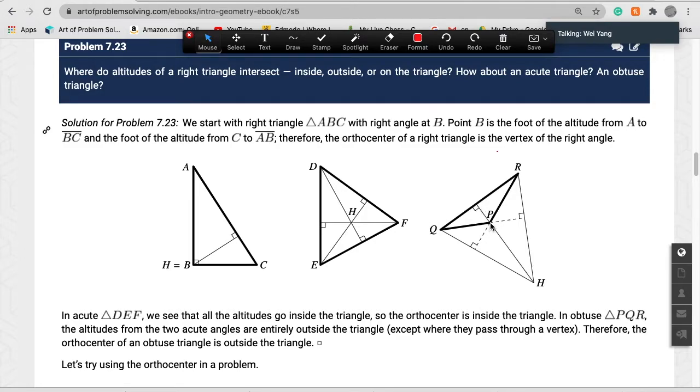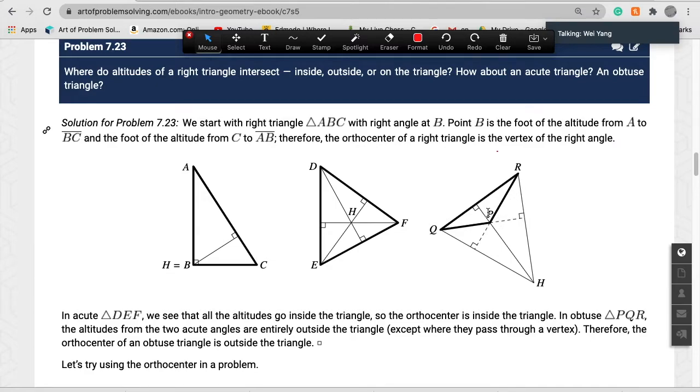But if you draw the altitude from R to QP, it will not be inside of the triangle. It will be outside of the triangle.